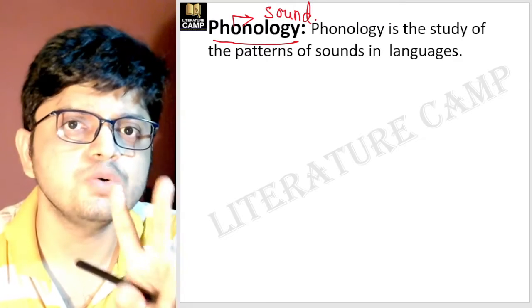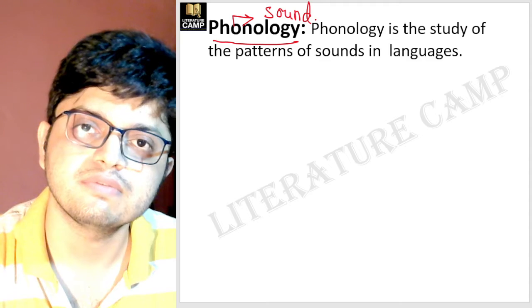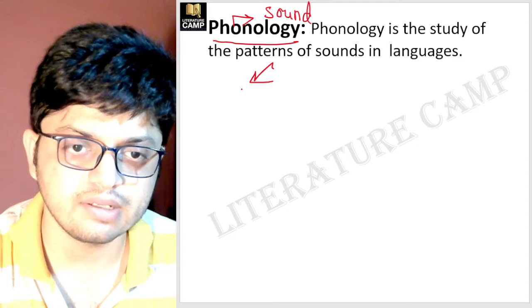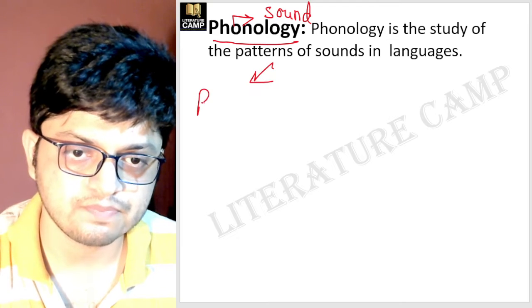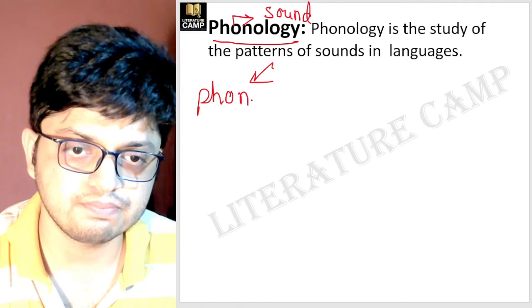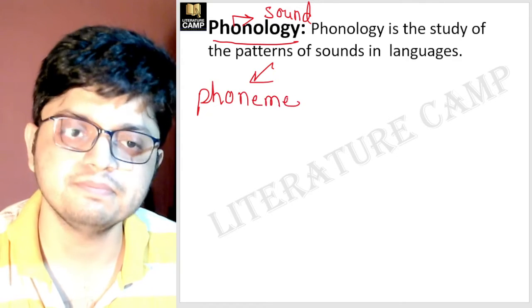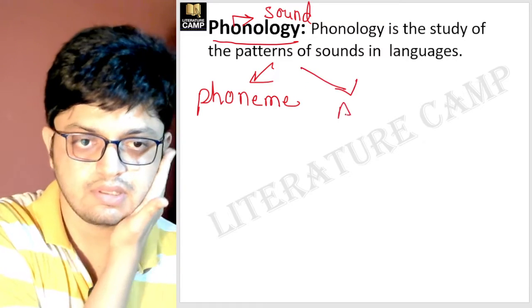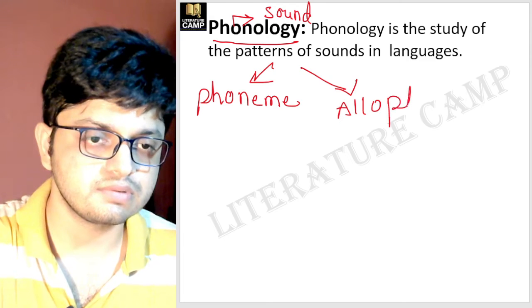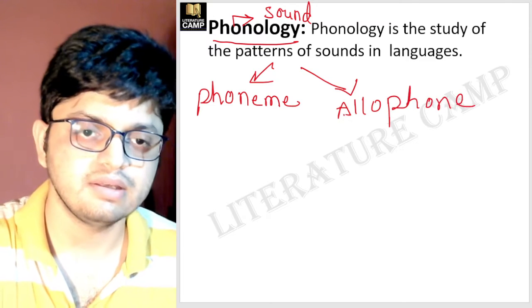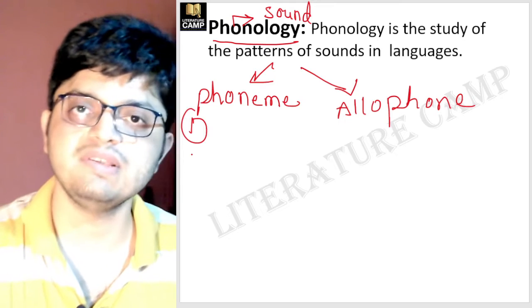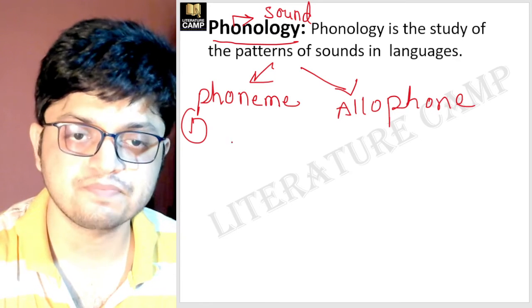There are 2 types of phonology. What are they? Number 1 is phoneme. Number 2 is allophone. Now we shall be discussing what phoneme is and what allophone is.